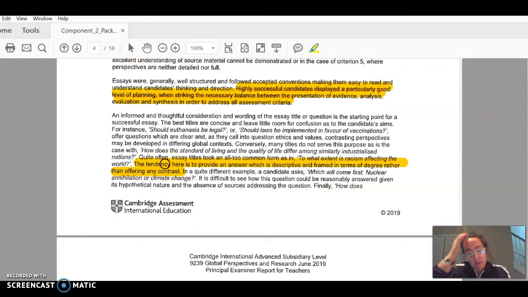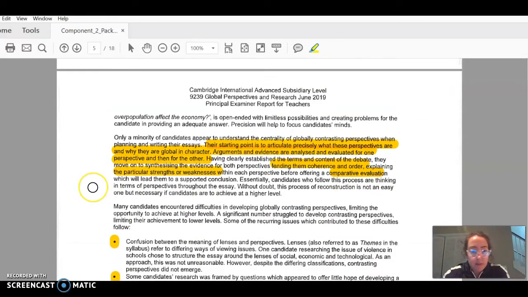The next point I like in this, so one way to be successful in the paper, another way that's required, is to have globally contrasting perspectives.